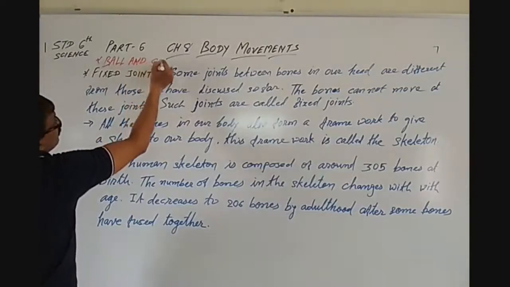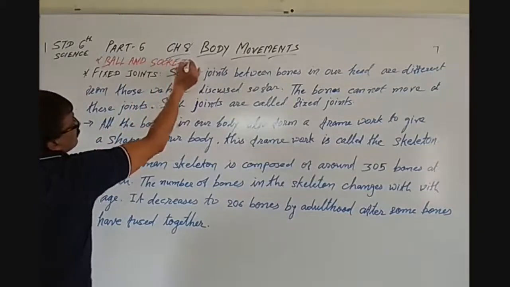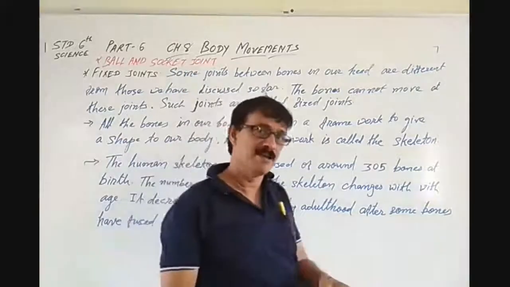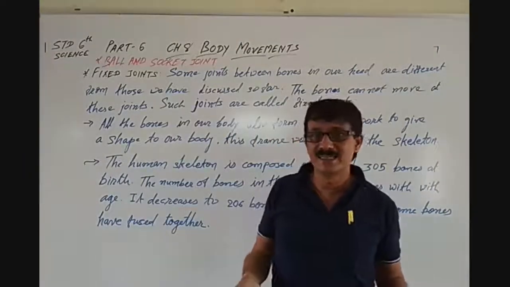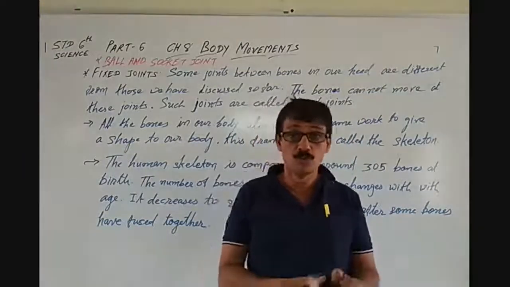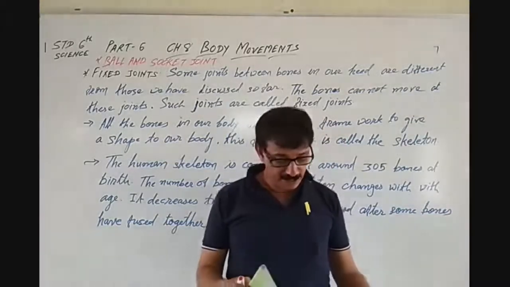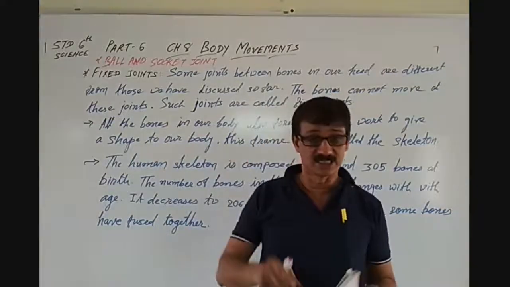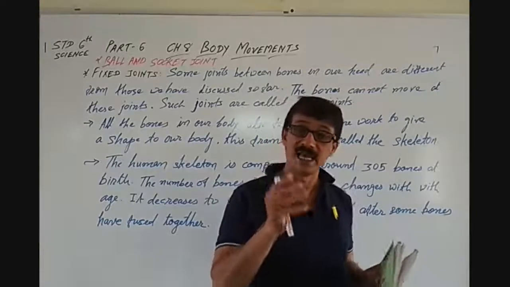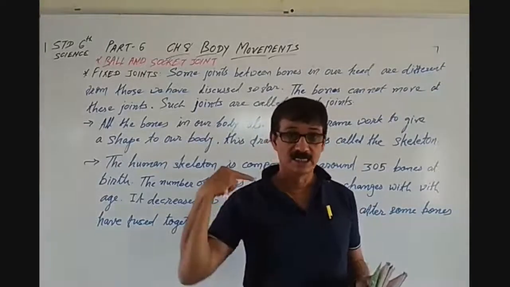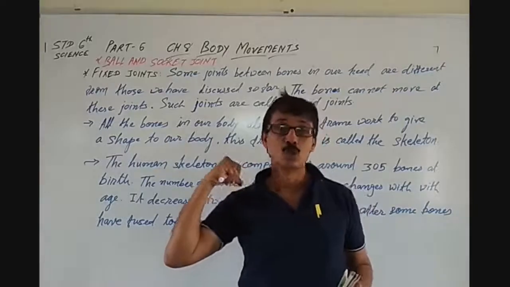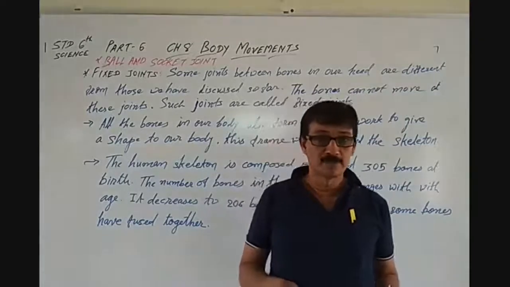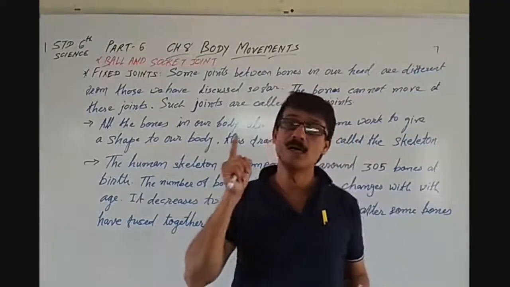See, the ball and socket joint allows movement in all directions, and one of them is at the shoulder, isn't it? So this is the ball and socket joint, which allows movement in all directions.